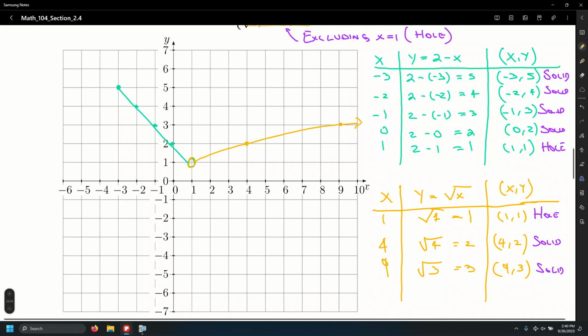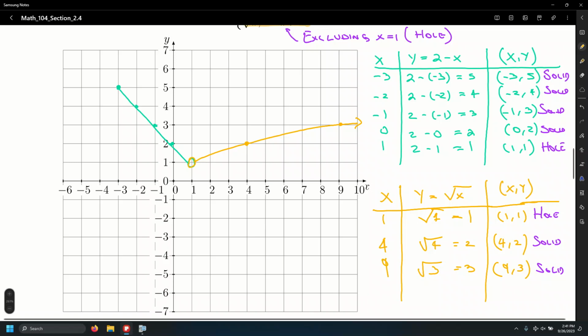Like this, all right? And in this case, with an arrow. Notice the arrow here, but no arrow on the left side of the graph. Okay, so that's the graph of this piecewise function.